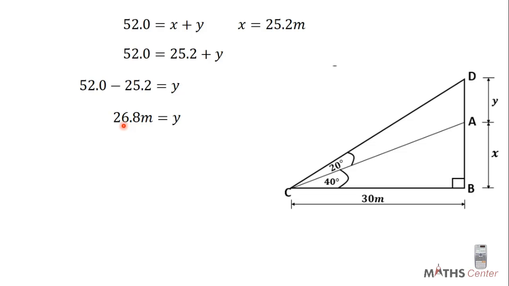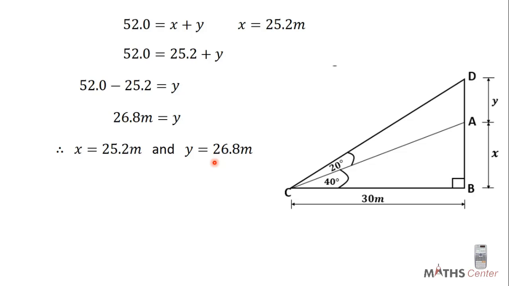And this will give us 26.8 meters. So you see that you have been able to find x to be 25.2 meters and y to be 26.8 meters, using the trigonometric ratios.